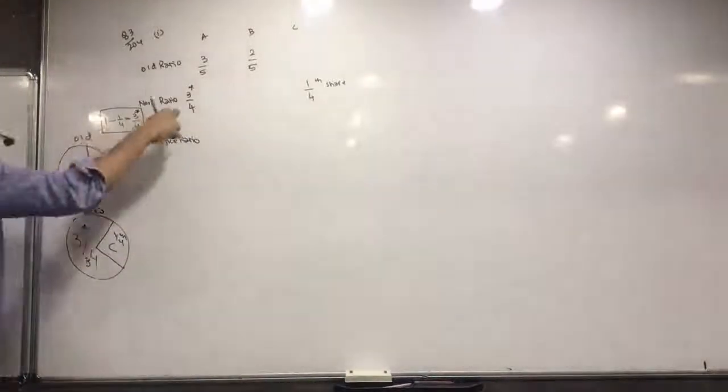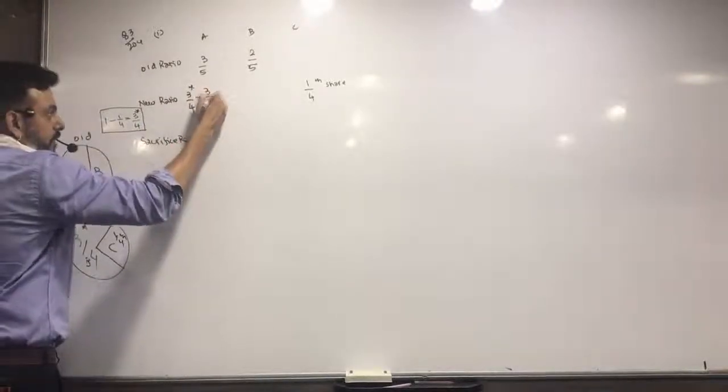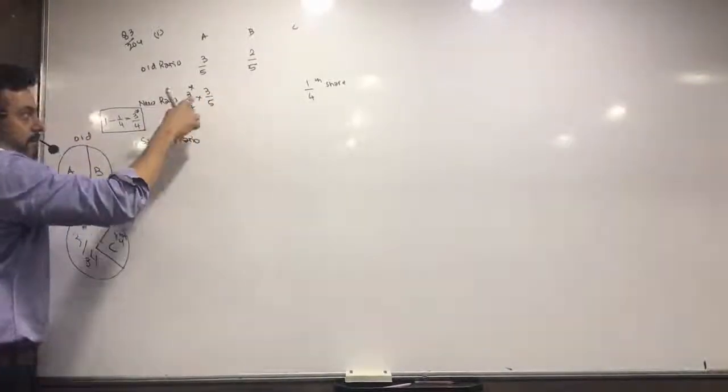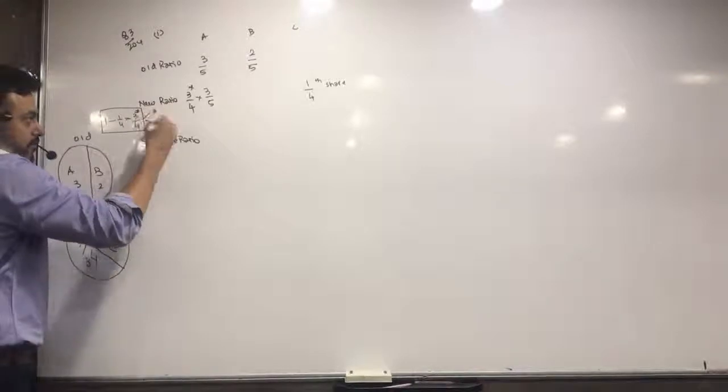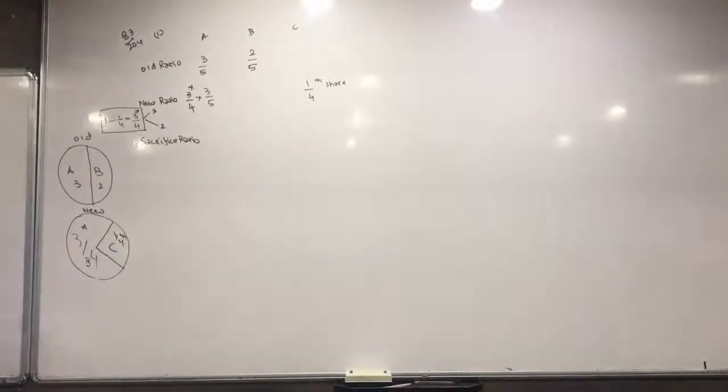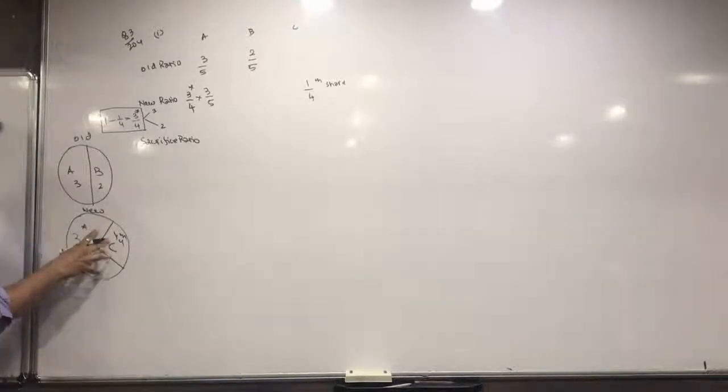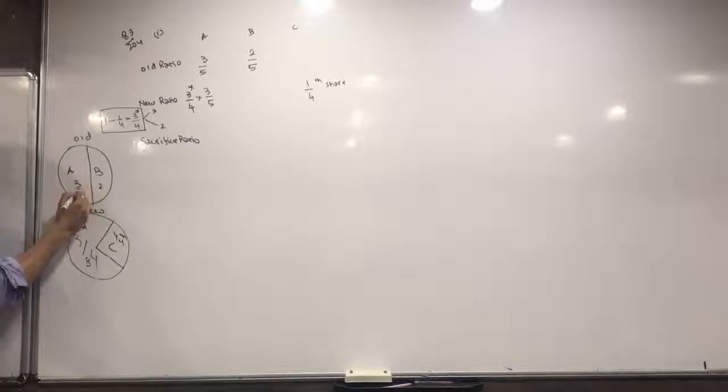Now 3/4 into 3/5, because this is to be distributed in the ratio 3:2. ये जो 3/4 है, it will go between A and B in the ratio 3:2, that is 3/5 and 2/5.